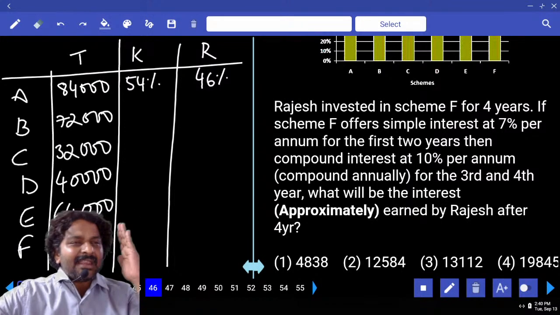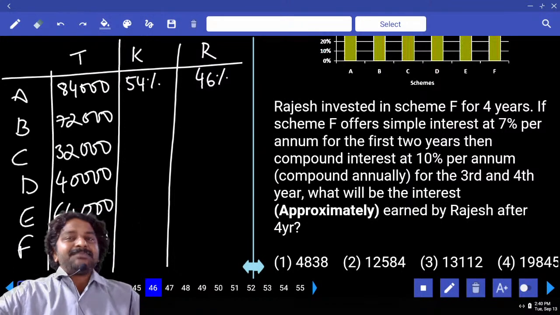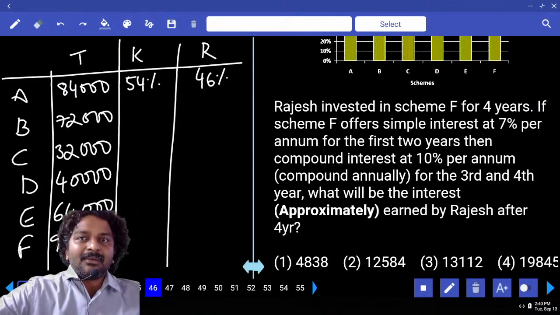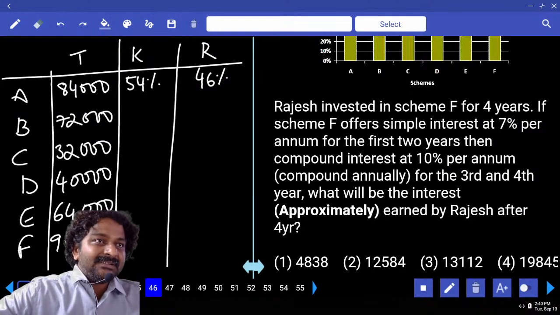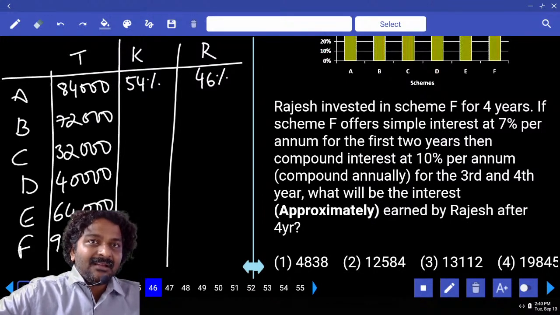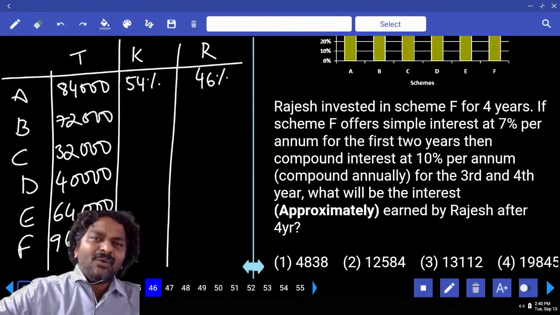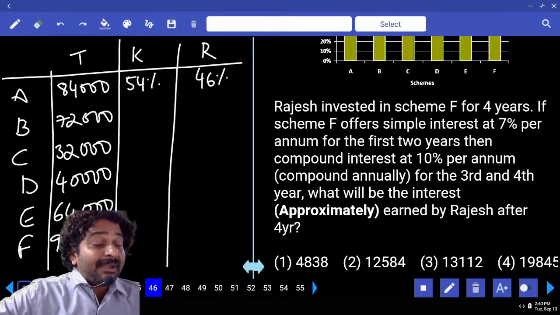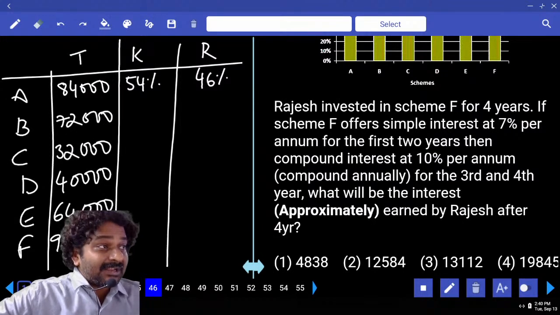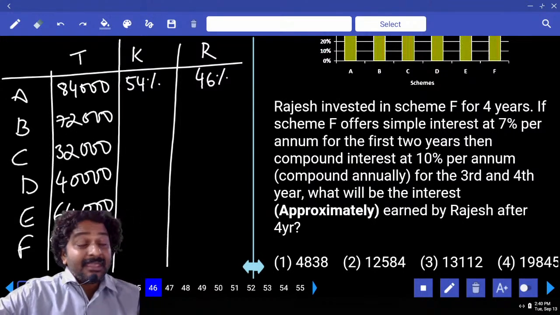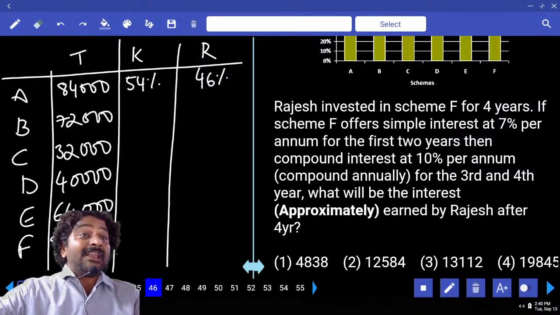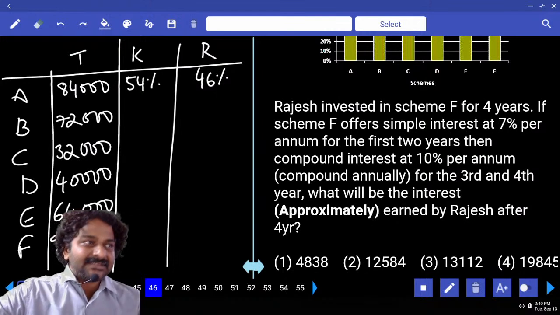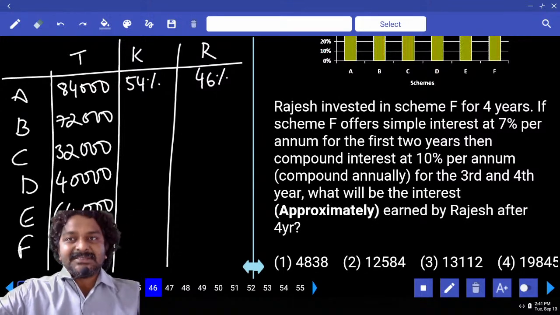When you look at any question, irrespective of what exam you are preparing for, it may be IBPS or SBI or RRB, SSC, whatever it is, tier 1 or tier 2, Prelims or mains, clerk exam or PO exam, your mind should calculate how many steps it takes and how much time it takes.